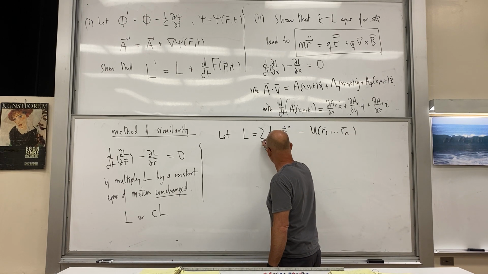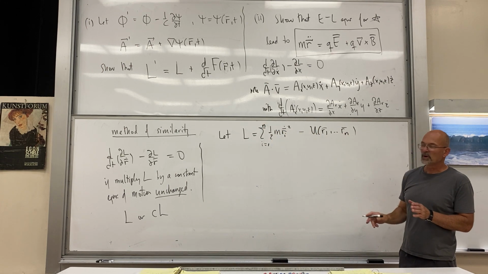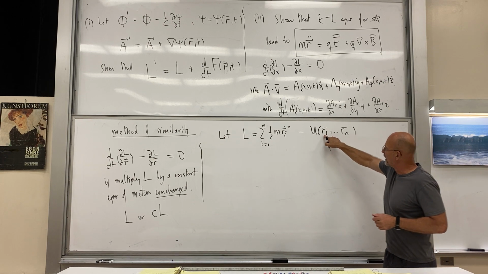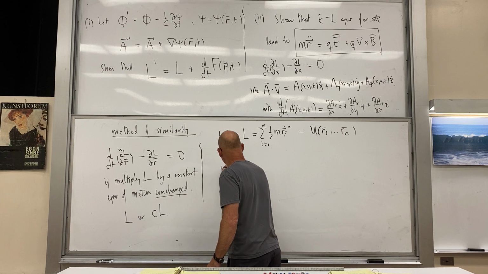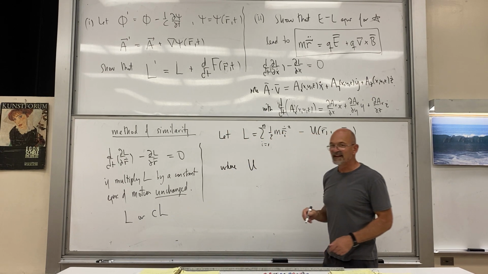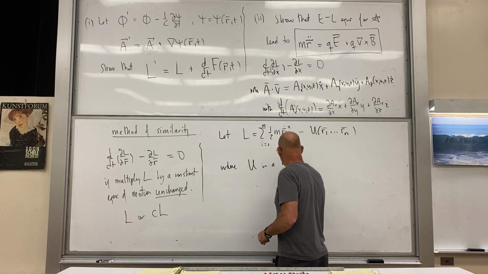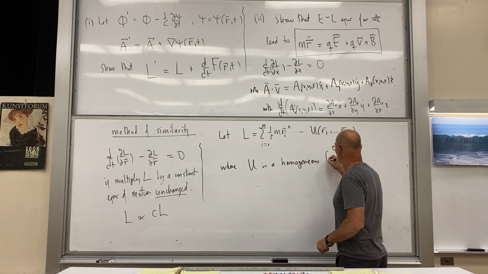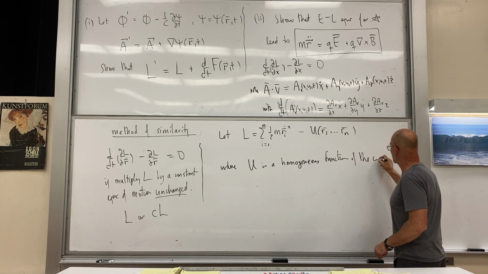So we're in Cartesian coordinates, standard Lagrangian, and we're going to specify something about this function, where U is what's called a homogeneous function of the coordinates.